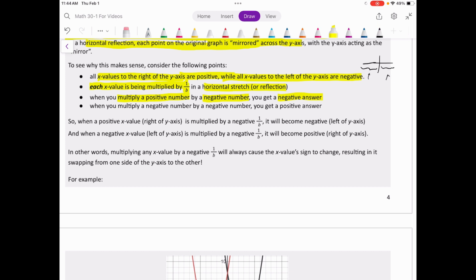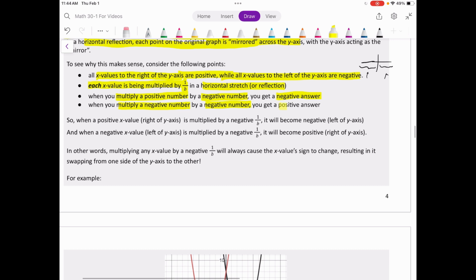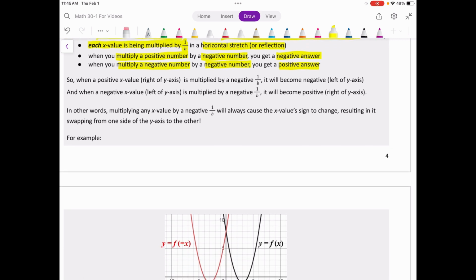And vice versa, if we multiply a negative x by a negative 1 over b, we're going to get a positive result, right? Negative times negative is positive. So if x was negative and we multiply it by a negative number, 1 over b, it becomes a positive x. It goes from being on this side of the y-axis to this side. So when a positive x value on the right of the y-axis is multiplied by a negative 1 over b, it becomes negative.